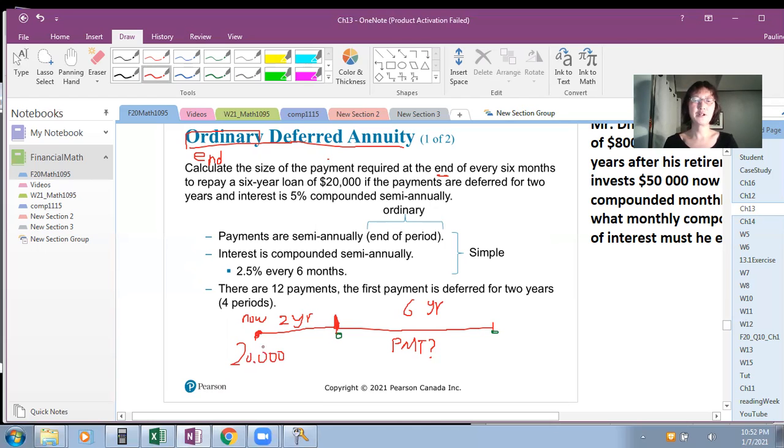You have a loan of 20,000 here, and you make payment. So what is the size of payment after 2 years? That is the question. Because we have the keyword ordinary, this is an ordinary annuity. And because you have delayed payment for 2 years, it is a deferred annuity. So we want to solve for PMT here.